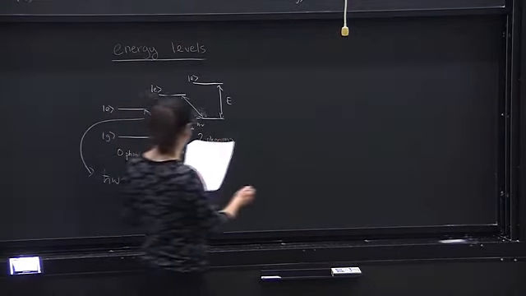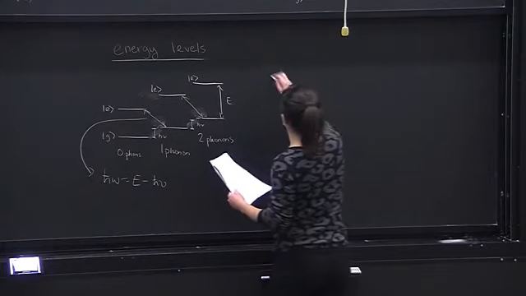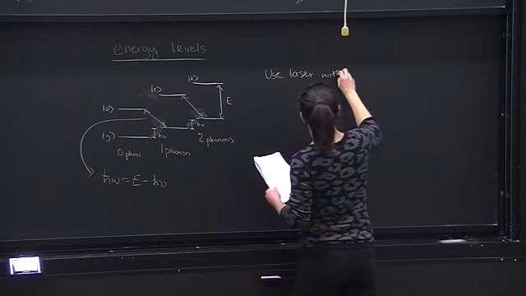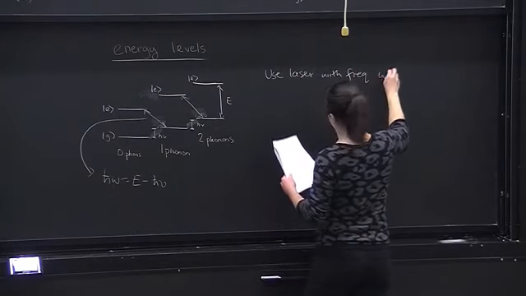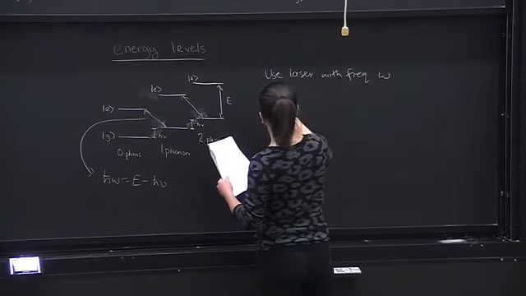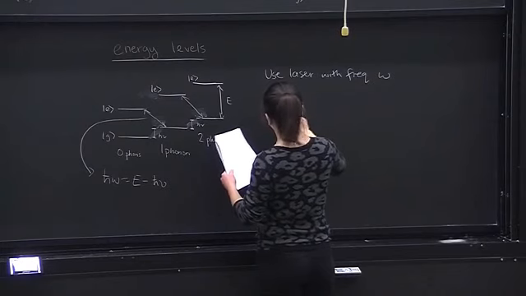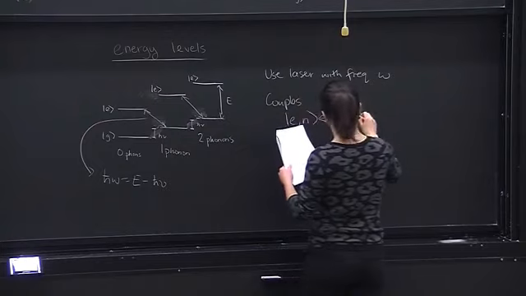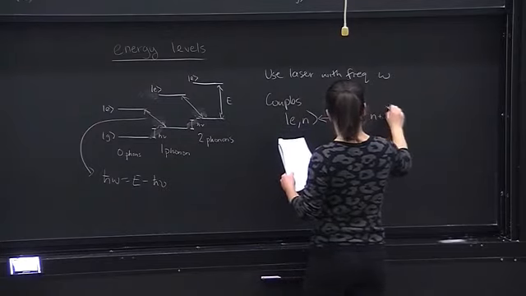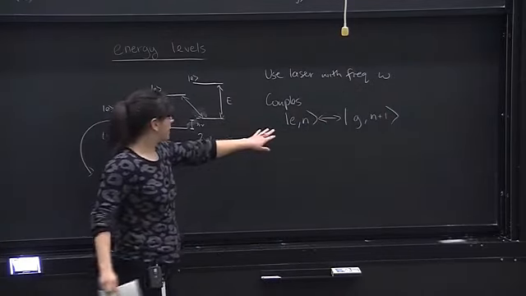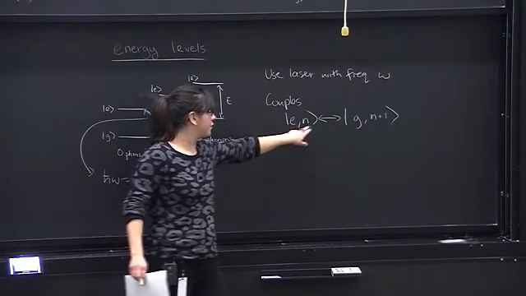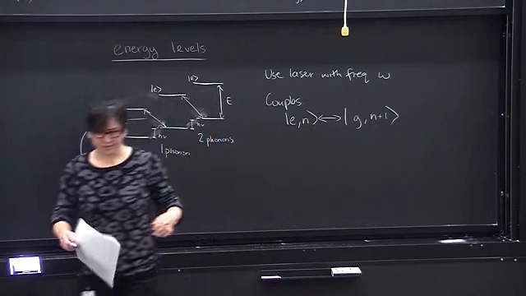So we use a laser with frequency omega, and that couples... so here we've got a ground state with n phonons, excited state with n phonons, and a ground state with n plus 1 phonons.